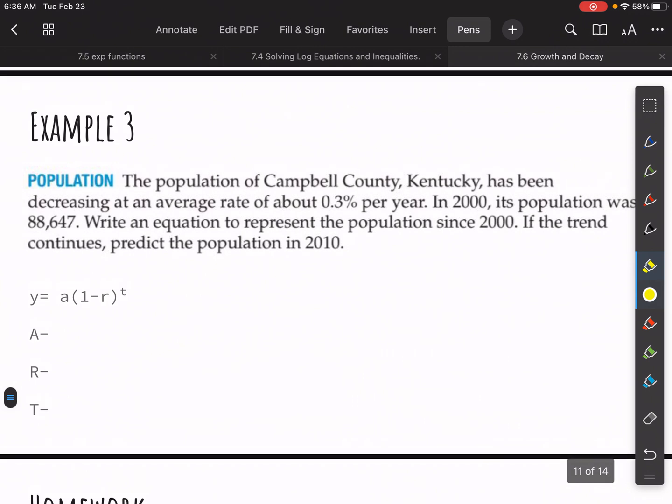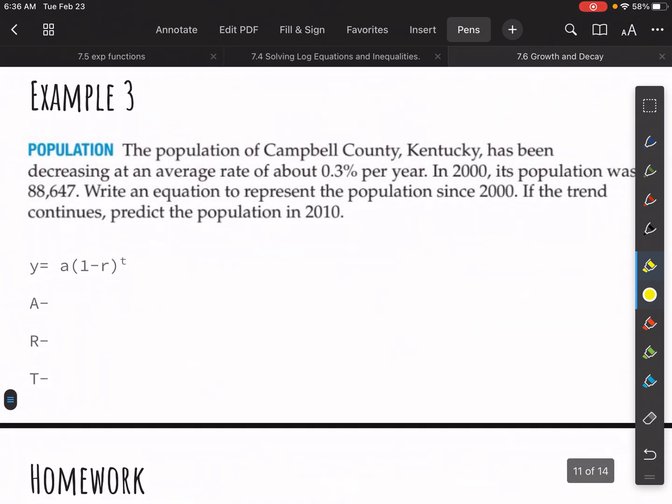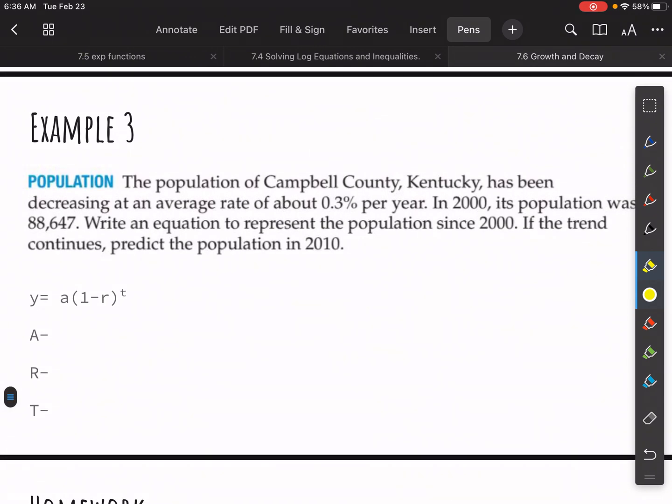So the population of Campbell County, Kentucky has been decreasing at an average rate of 0.3% per year. In 2000, the population was 88,647. Write an equation to represent the population since 2000. Okay, so they want it in terms of t. Our original value here is 88,647.